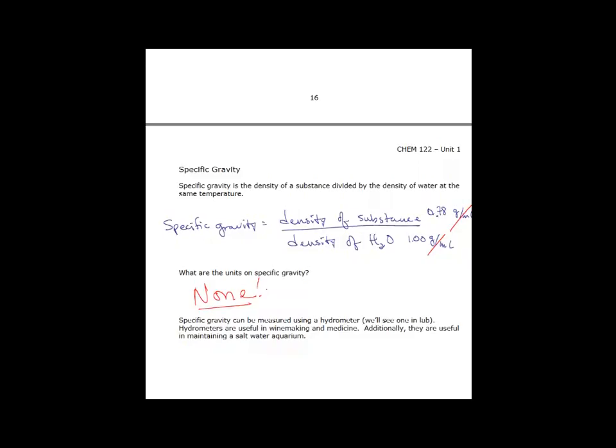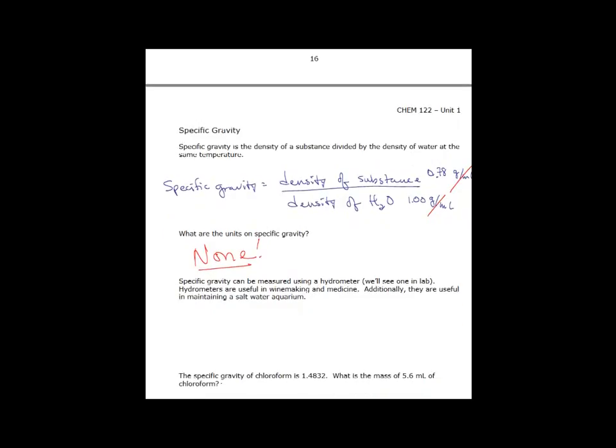In medicine, the specific gravity of someone's urine can be measured, and if it's off, it can be an indication of an illness. It also can be used in winemaking. The specific gravity of the wine can give you an idea of how much longer the grapes need to ferment.